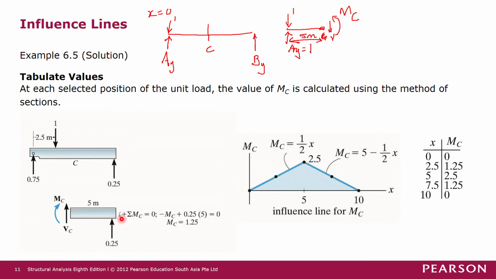Alright, so now we can sum moment at joint C. When we sum moment at joint C, we have minus MC plus 0.25 times 5 equals 0. So MC is equal to 1.25. So when X is at 2.5 meter, then MC is 1.25.